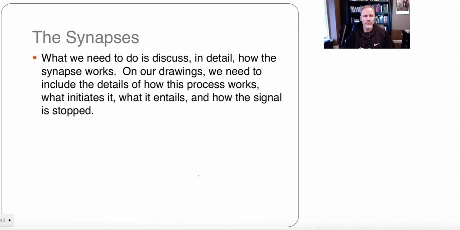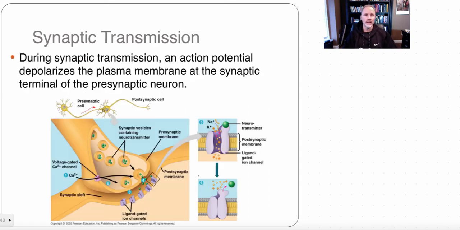Okay, so this is the one thing that we went over in class. I had you guys talk about this at your tables, and then we went over it in more detail. Basically, you have the action potential moving down the membrane, and it doesn't matter how it's getting there, whether it's saltatory conduction or a slow moving type of thing, but it gets to this presynaptic cell.